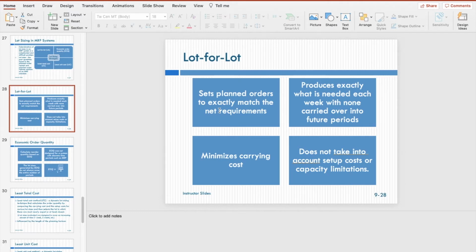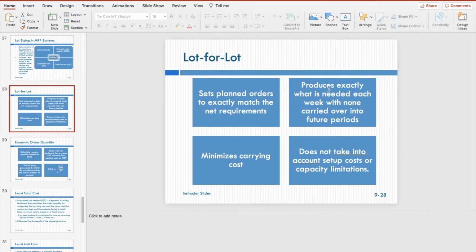So the lot for lot technique is one of the easiest ways within the lot sizing techniques. That's why under the lot for lot technique, you set the planned order exactly matching your net requirements. That's the key principle under the lot for lot technique.